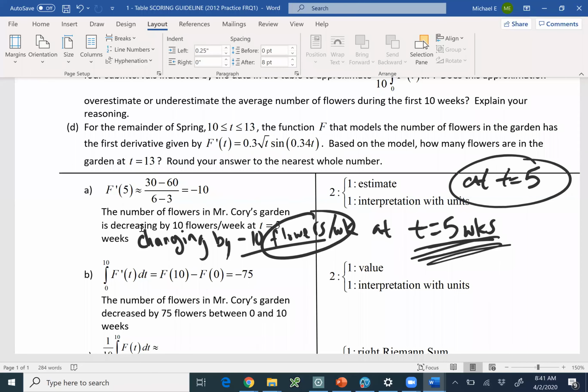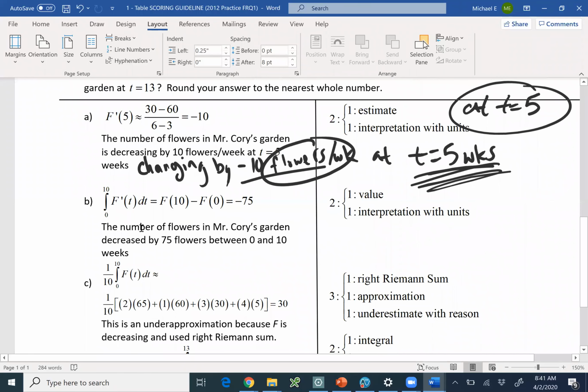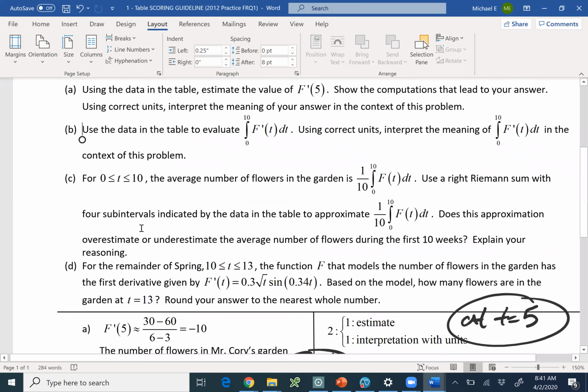All right, then B asked us, using the data, evaluate f prime of t.